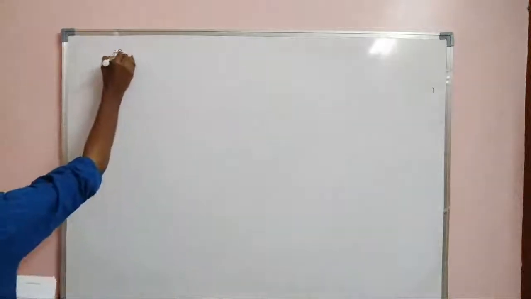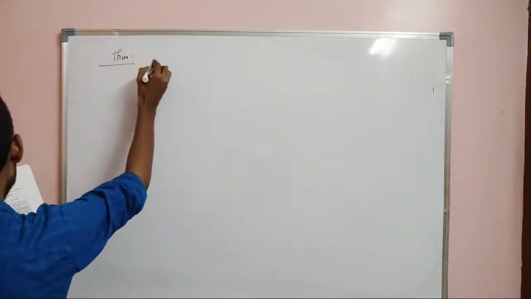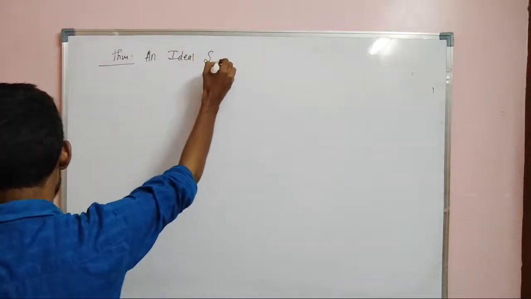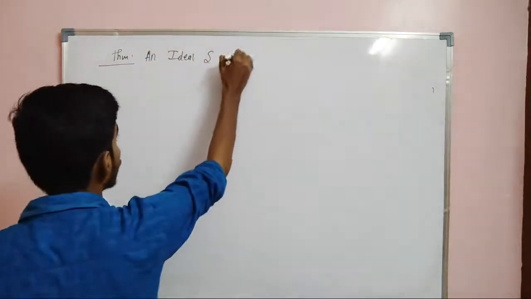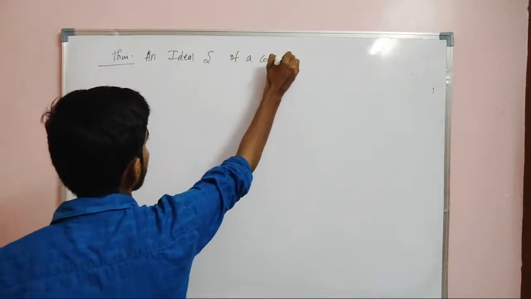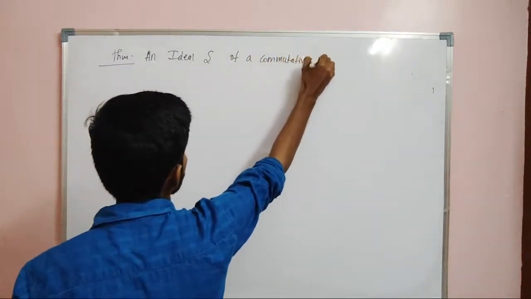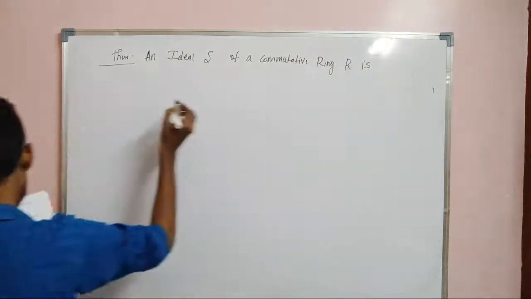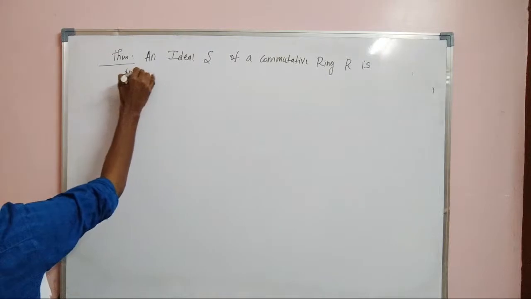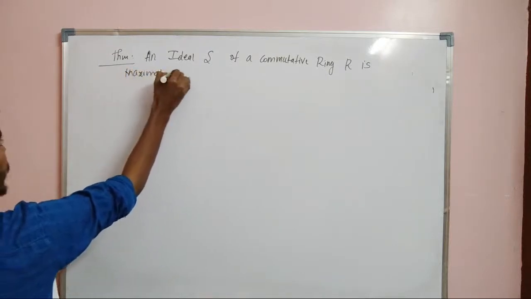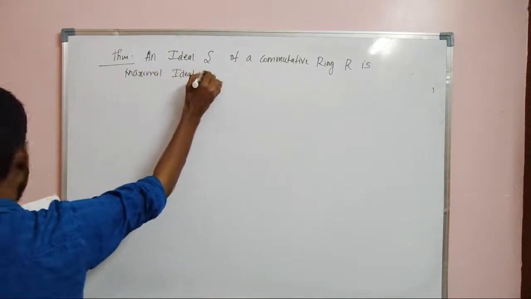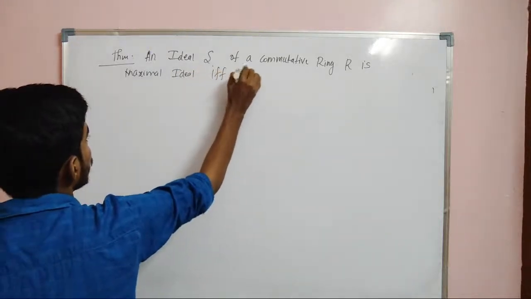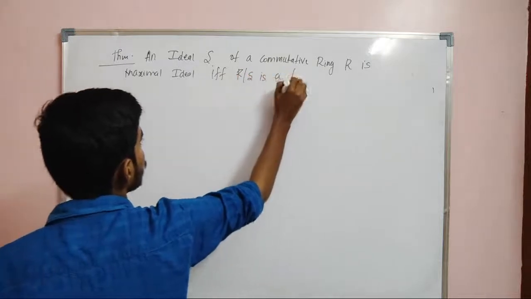So theorem 4: an ideal S of a commutative ring R is a maximal ideal if and only if R by S is a field.